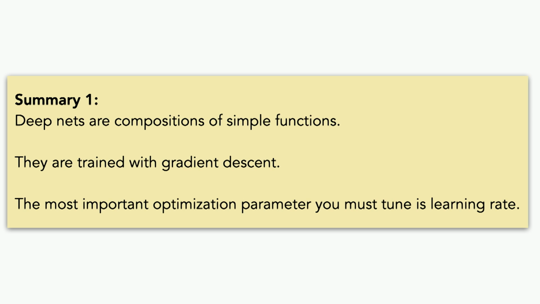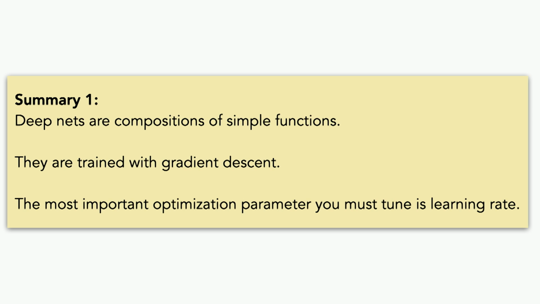The standard way of training a deep net is gradient descent: fiddle with the parameters to move in the direction that optimizes your task objective, which for image classification means achieving good classification performance. And the most important optimization parameter that you really do need to fiddle with is the learning rate. How big is the step size that you're going to take?